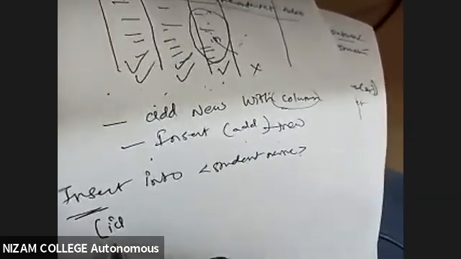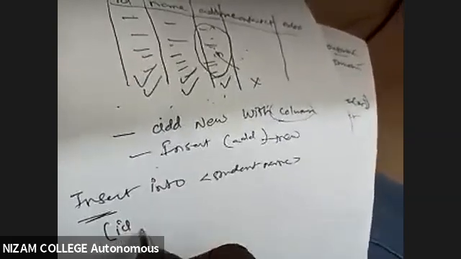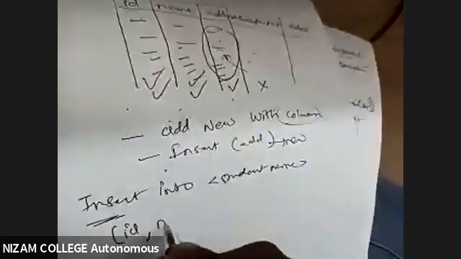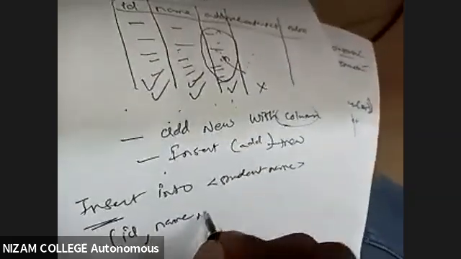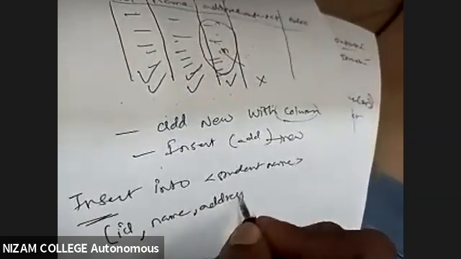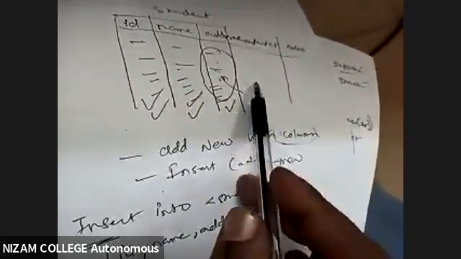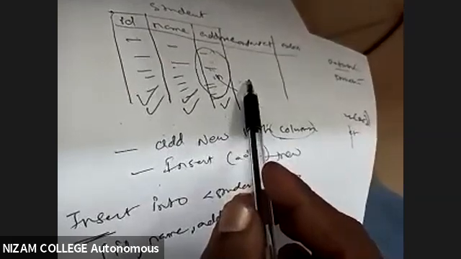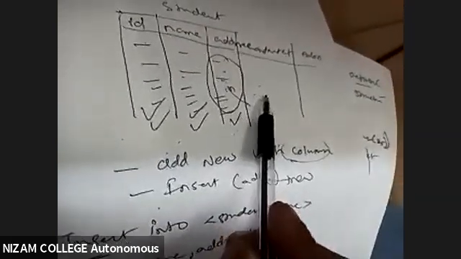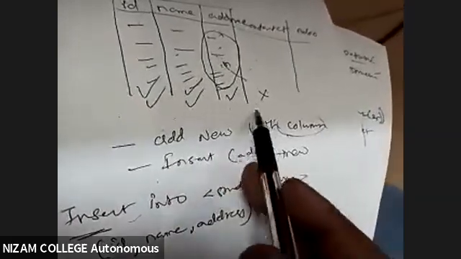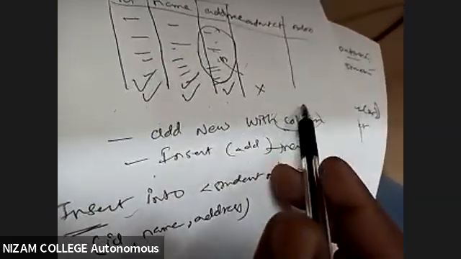I am going to insert the ID, the name, and the address. Later on, I will be inserting the contact and other details, since this person doesn't have the contact number or other number.